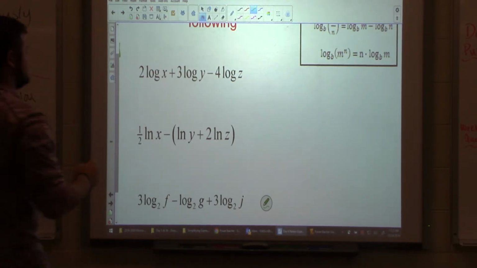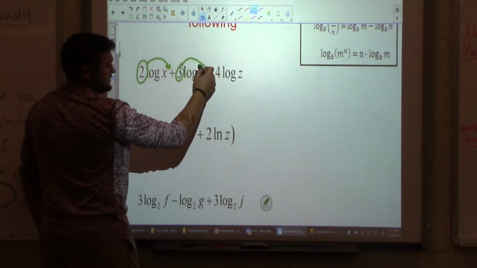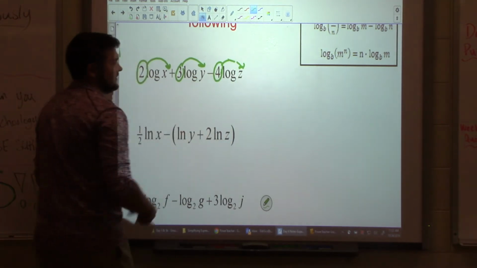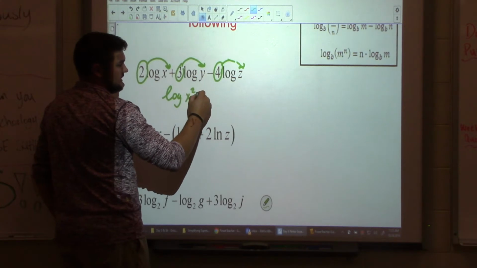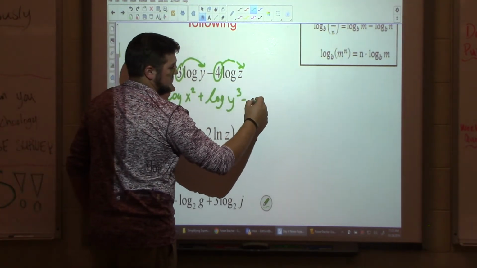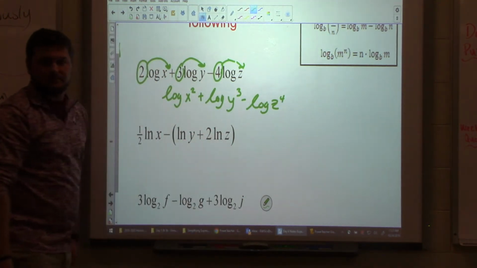Yeah, right? I have a 2, turns into an exponent. 3 turns into an exponent. 4 turns into an exponent. I get log x squared plus log y cubed minus log z to the 4th.